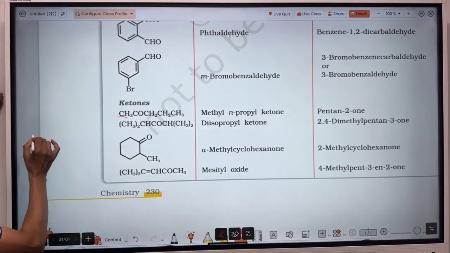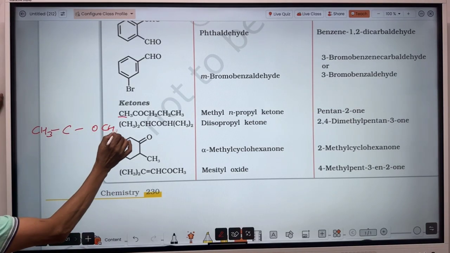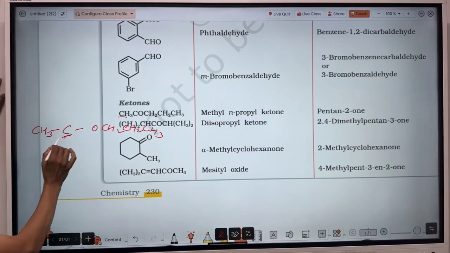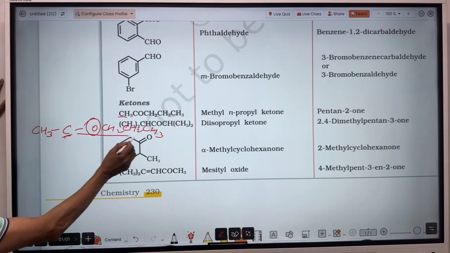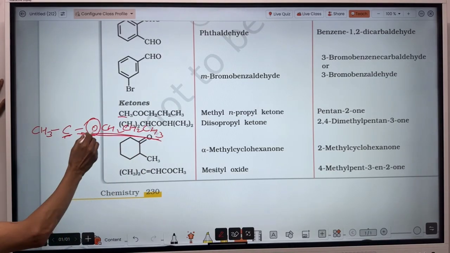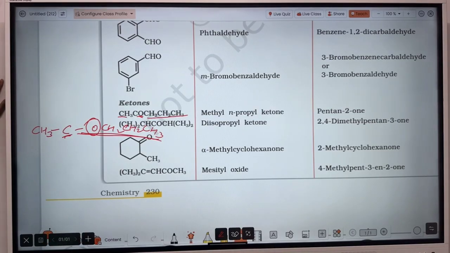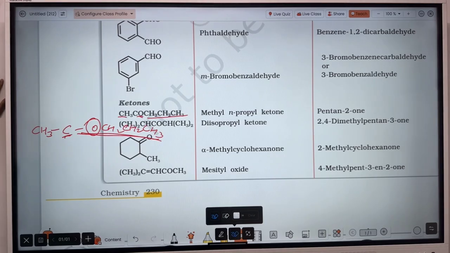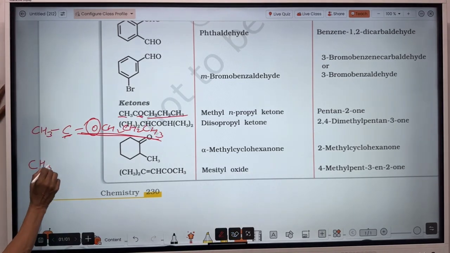Here is CH3 and here is C. If you write oxygen here and CH2CH3, in that case the tetravalency of this carbon is not maintained, only 2 valencies get completed. So that means this oxygen is not along with this chain. That means this oxygen is not forming a bond directly with this carbon, this alkyl group. So how to write it? Then consider the tetravalency. Then, by considering the tetravalency, it will be CH3.